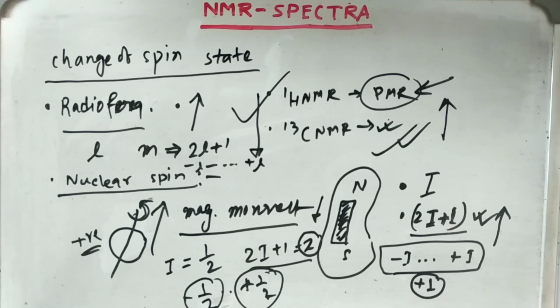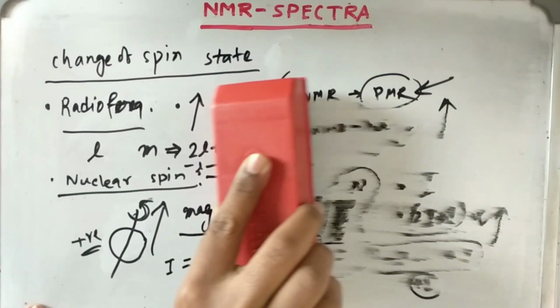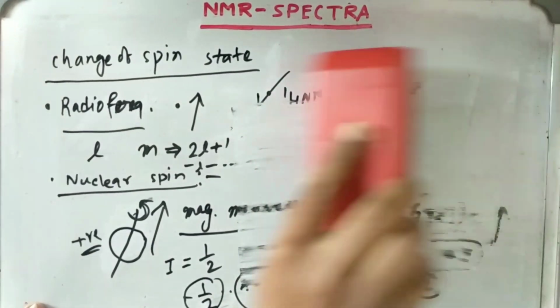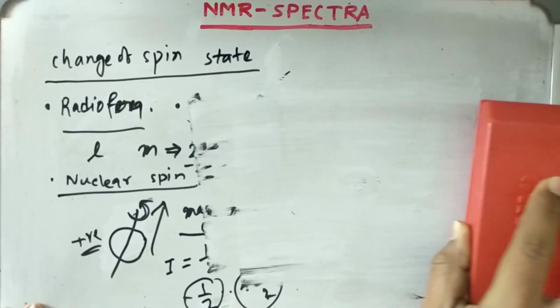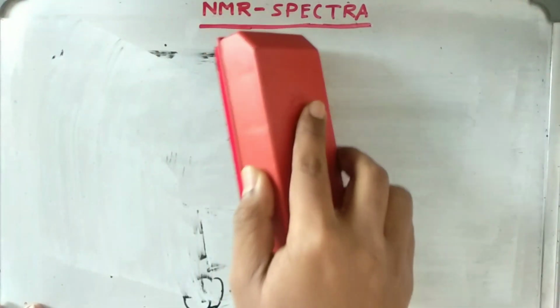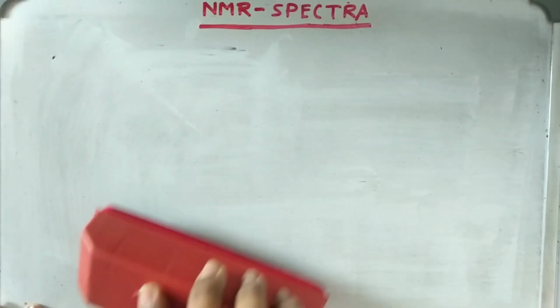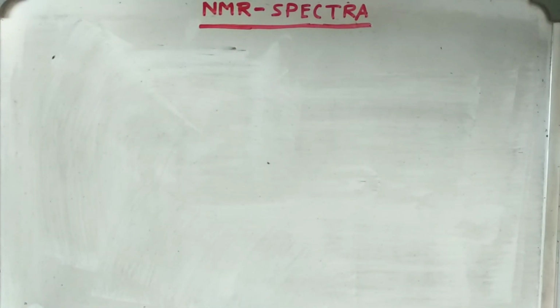Next, coming to another point, the effect of an external magnetic field. What is the effect of an external magnetic field, and what does it do in this system? Let's take an atom which has a rotational motion, like the earth. Here the system is a proton.